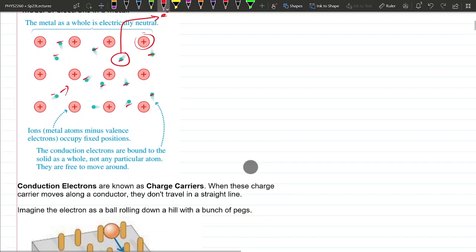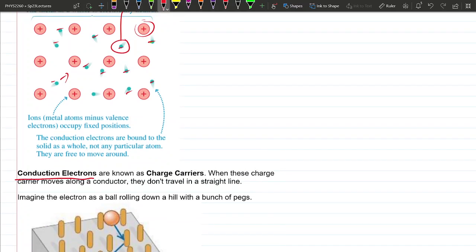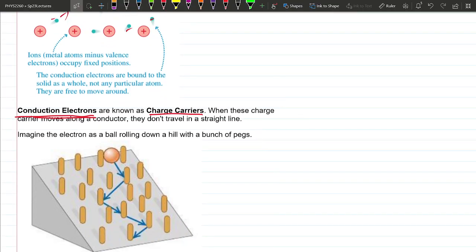These are known as conduction electrons, meaning electrons that conduct electricity. Hopefully that makes sense. They're also known as charge carriers, so you're going to hear me say one and the other. You can use both; they're just synonyms of each other.